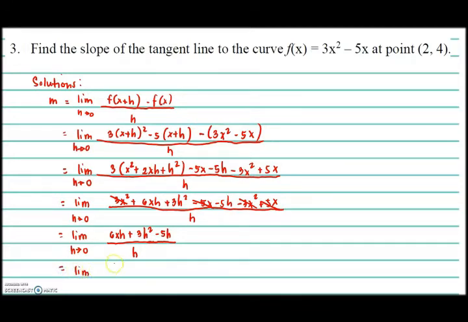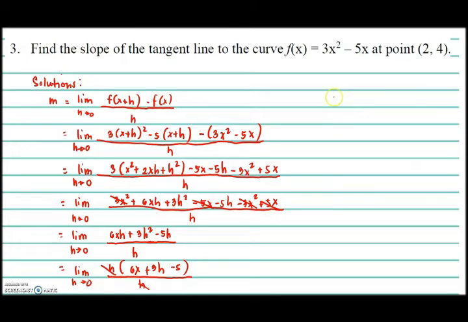So we have the limit of h times (6x plus 3h minus 5) over h as h approaches 0. Divide out h.